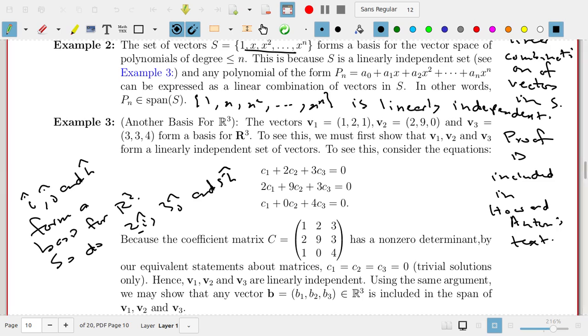There's nothing special about these numbers 2, 3, and 5. All I need to do is check that this set is linearly independent and that this set spans R3.